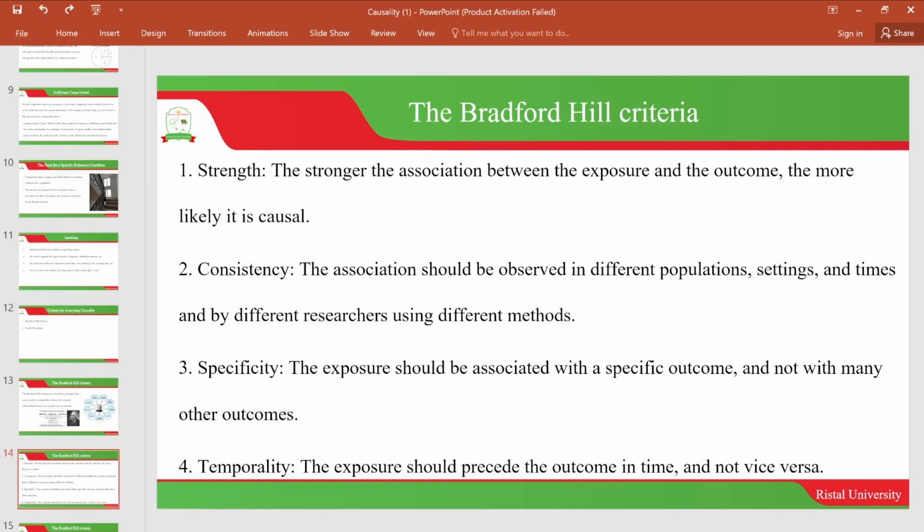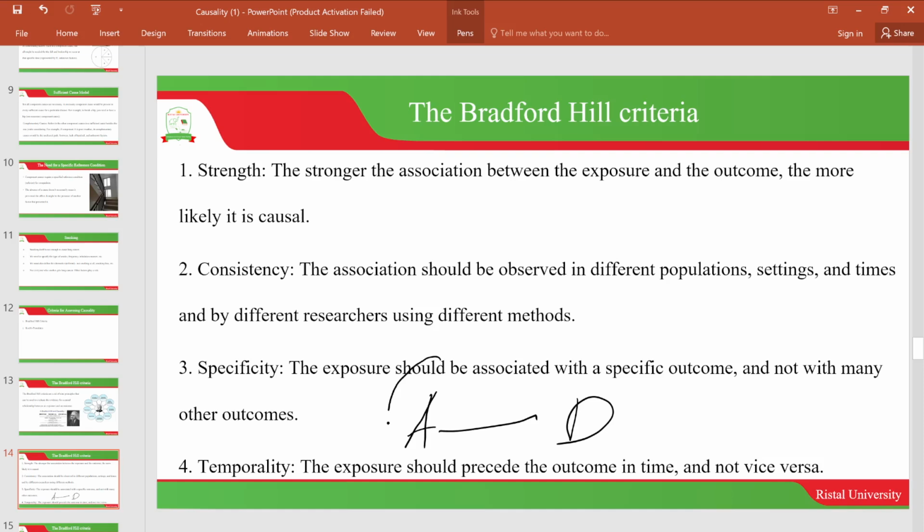So we go to point number 4, temporality. If you are going to say that A caused D, I should have A before the D comes, before the disease comes.